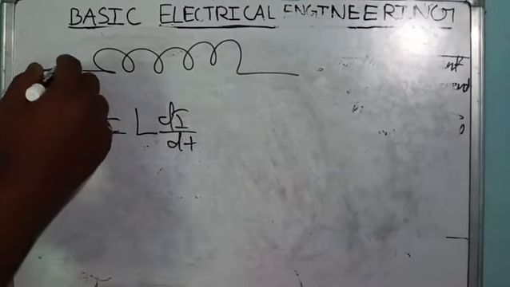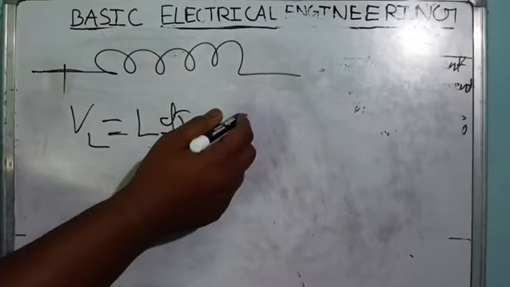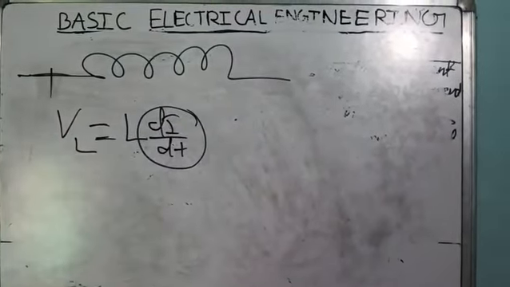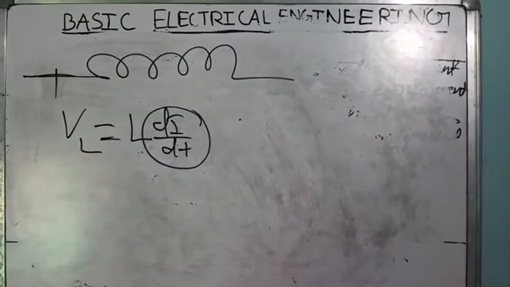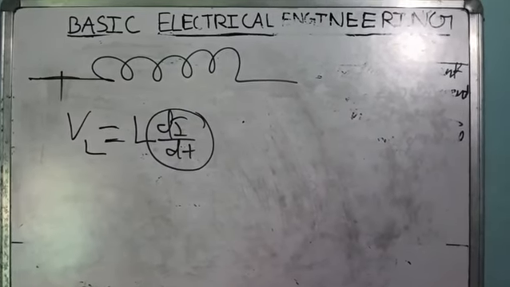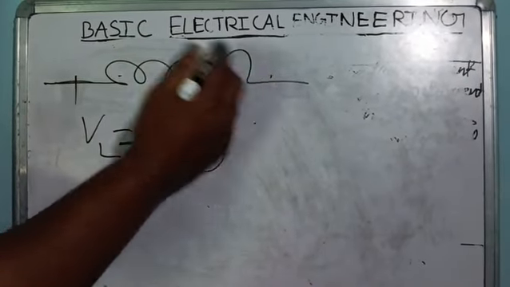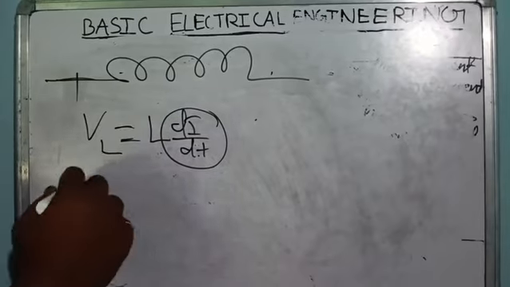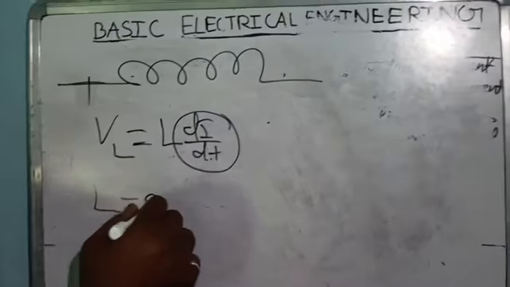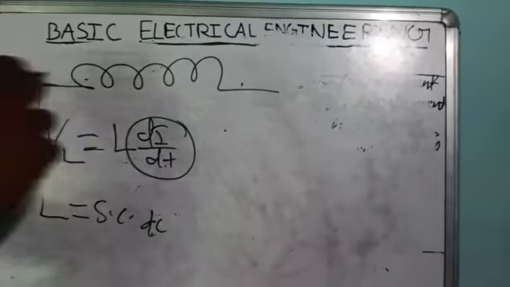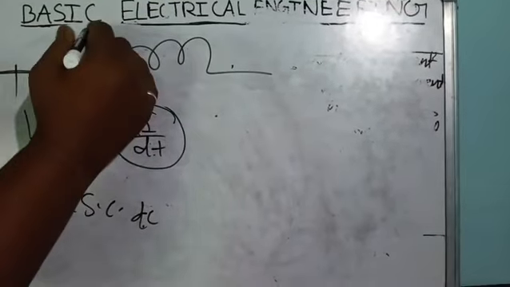So if this applies to a DC, in DC there is no change in current, so that's why voltage is zero. It will behave as a short circuit. The inductance will behave as a short circuit in DC, or we can say inductance initially behaves as open.